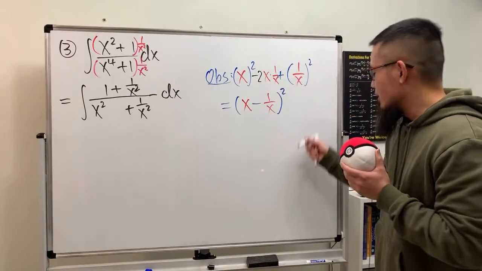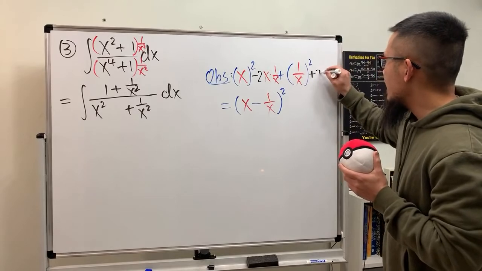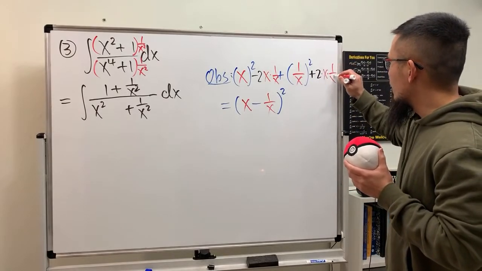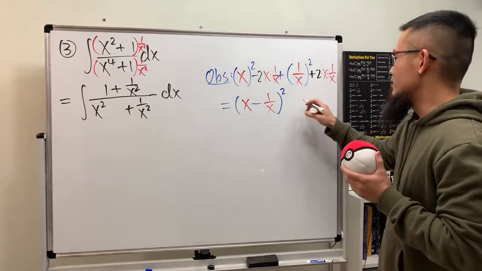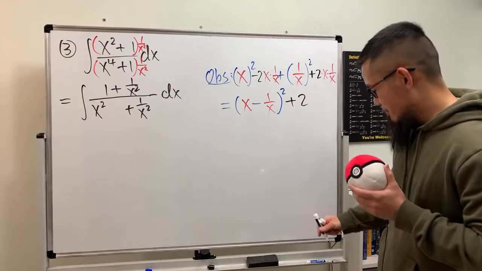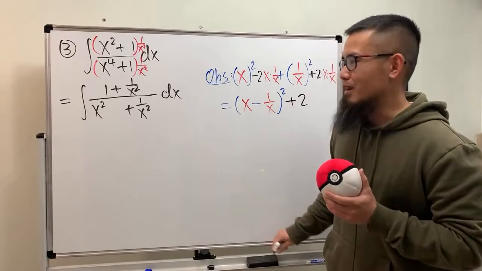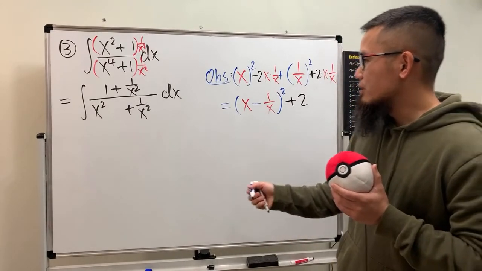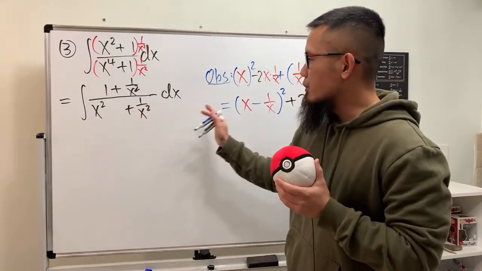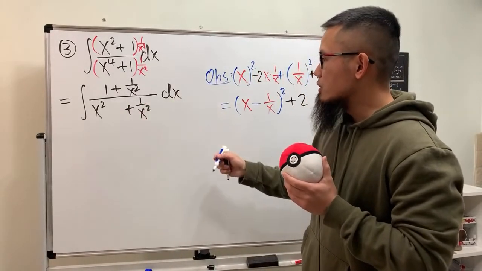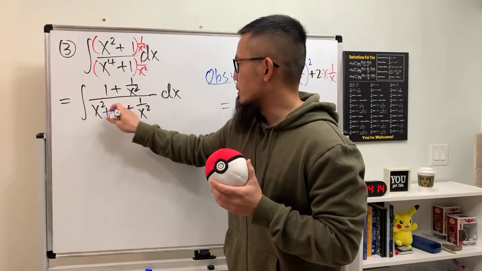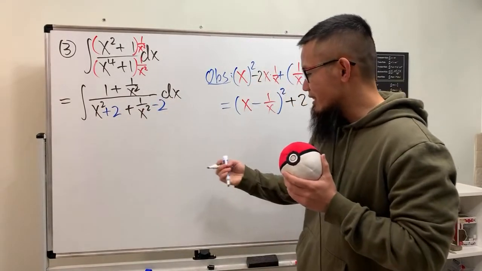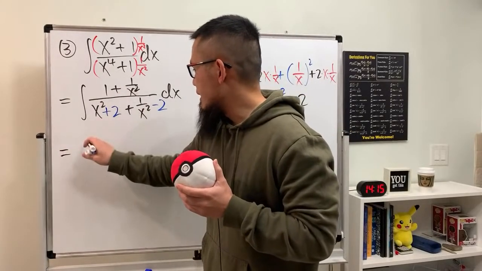All we have to do is go ahead and add this at the end. So I will put down plus 2 times x multiplied by 1 over x, but this is really just a plus 2. So that's what we have on the bottom. Let's put that down here. I'm just going to bring all this over there. So technically, we're just going to put down plus 2 and then minus 2, and we will see this becomes the integral.